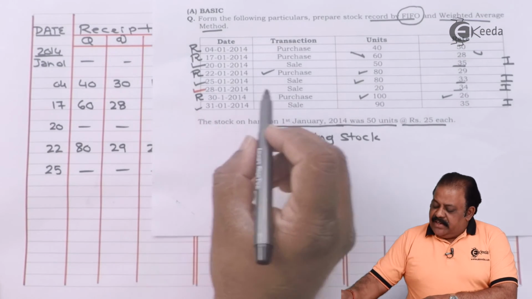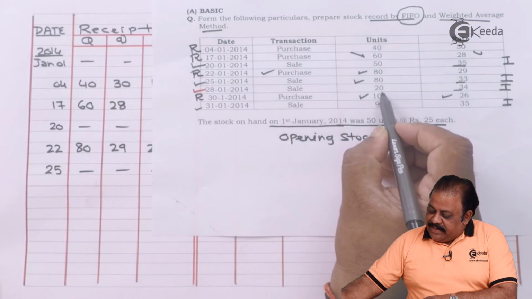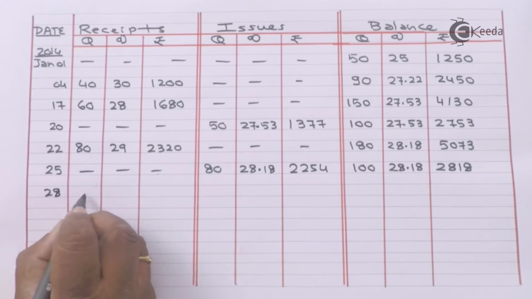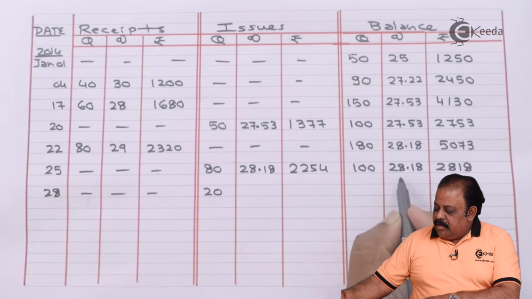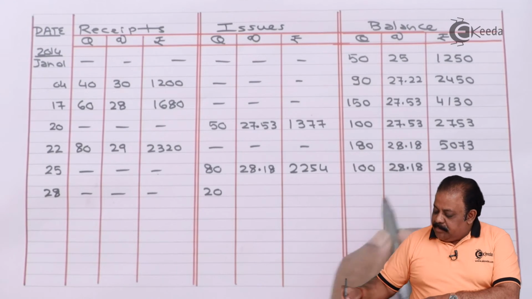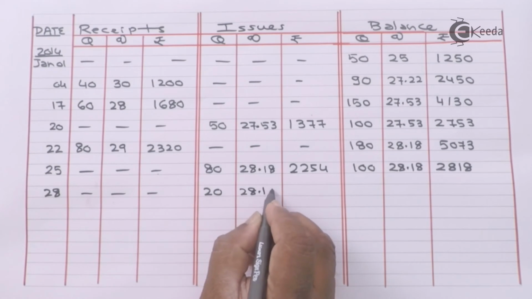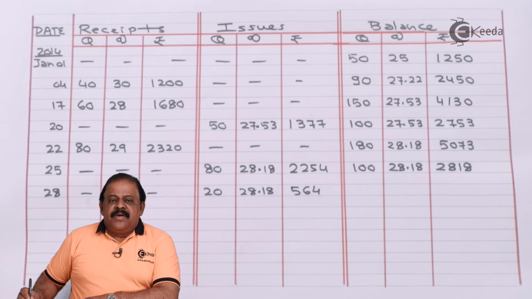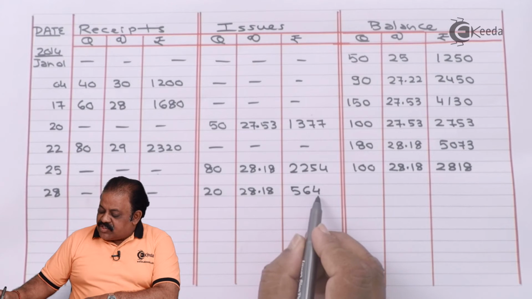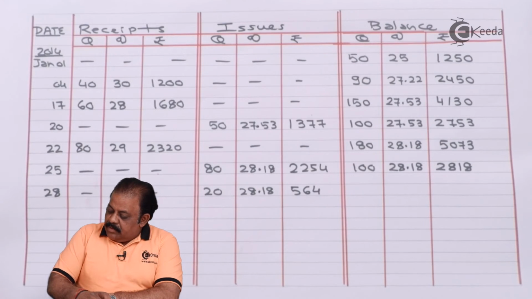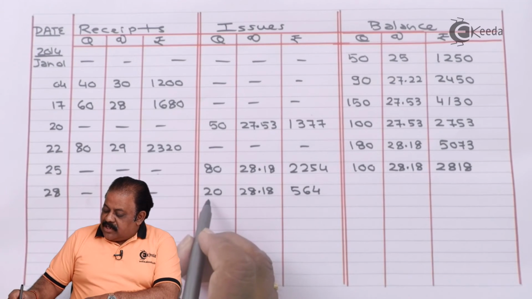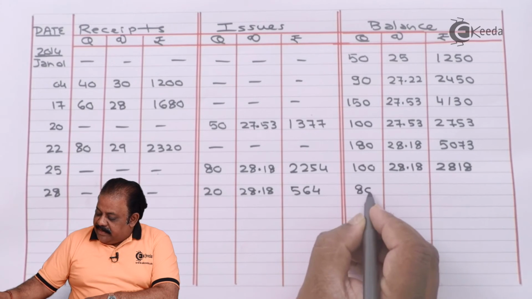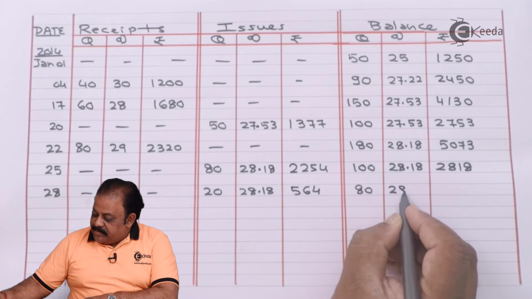On 28th January there is a sale of 20 units. Rate will be taken 28 rupees 18 paise. It will be approximately rounded off to 564 rupees. Out of 100, 20 units are issued. So balance units are 80. Rate is 28 rupees 18 paise.